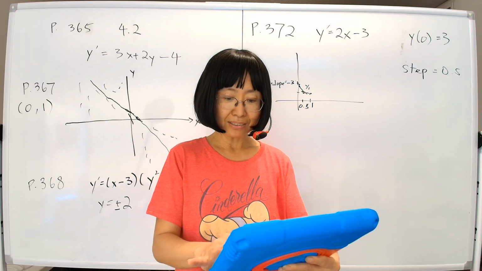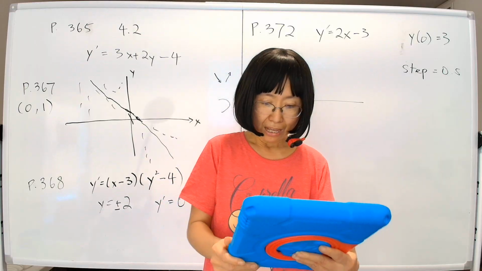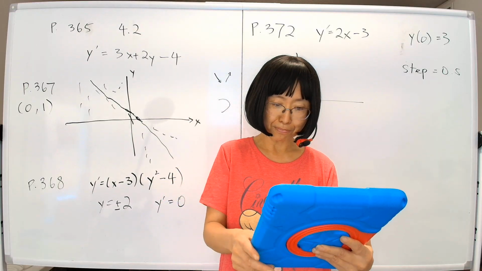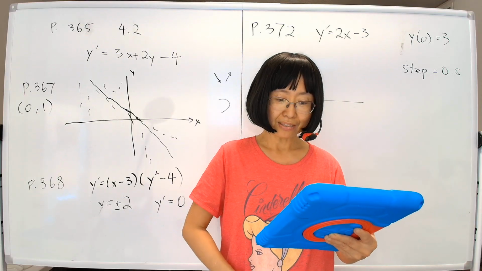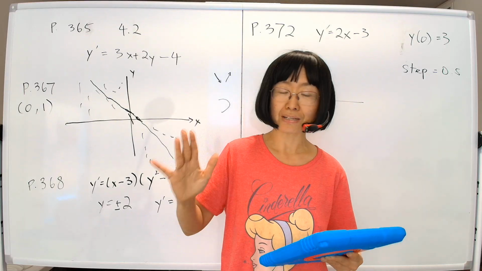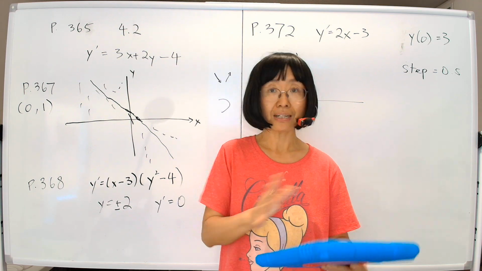So the official statement of the Euler's method on the next page, theorem 4.1, whatever page this is, doesn't matter, summarizes what I just said. So what you do is you have a bunch of x's, which is defined by the step, and then you have a bunch of y's, which is a bunch of lines.